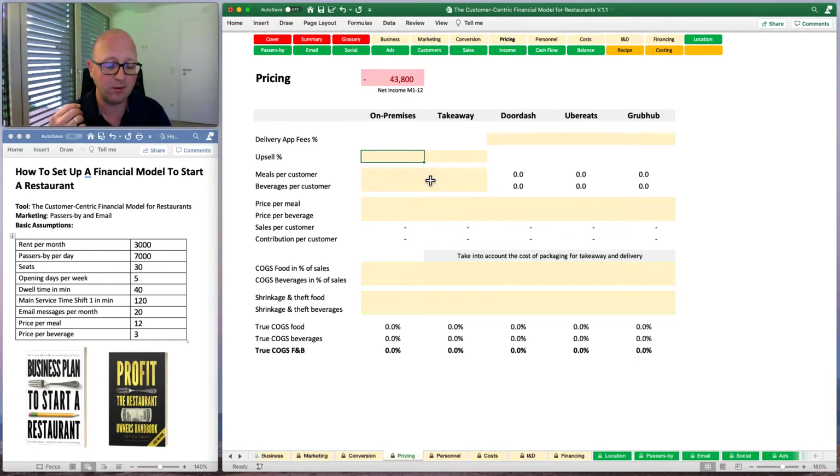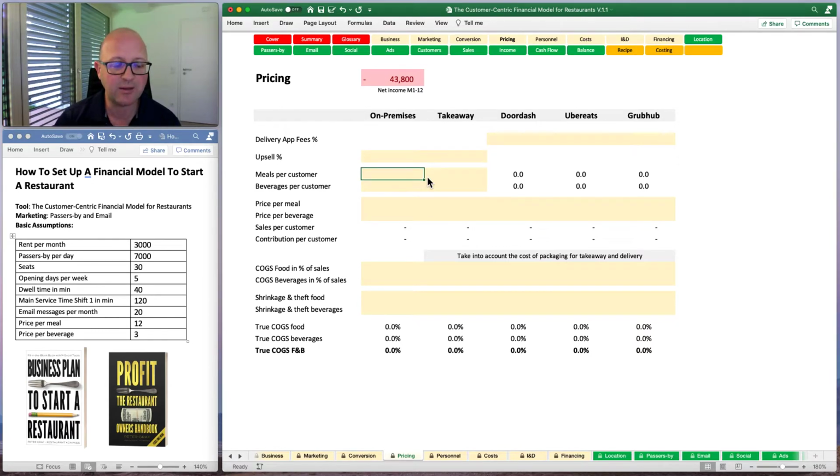Therefore you can increase your sales dramatically. We just leave it out for this moment. We can come back later. But for example, you could say you are successful with 20%, means through your upselling you can increase your sales by 20%. But just leave it blank in this example now.